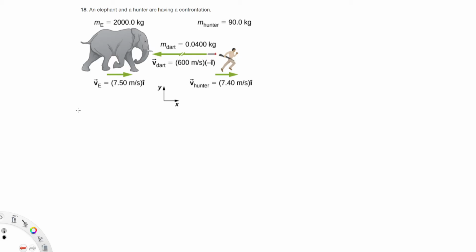Well, momentum is just the product of mass and velocity. So the momentum of the elephant will be equal to 2,000. So the elephant is a solid 2 metric tons.